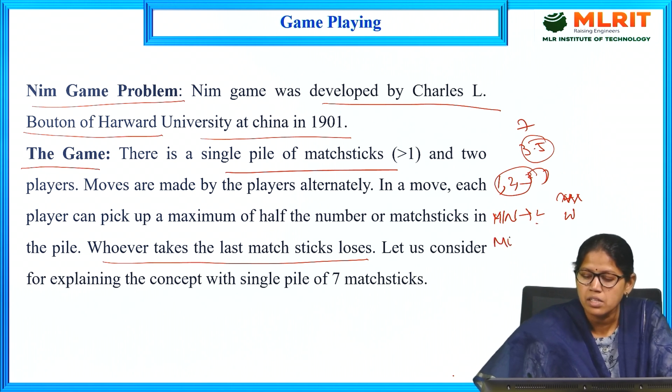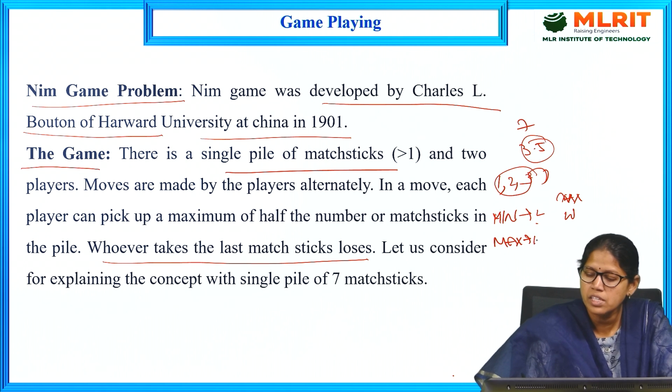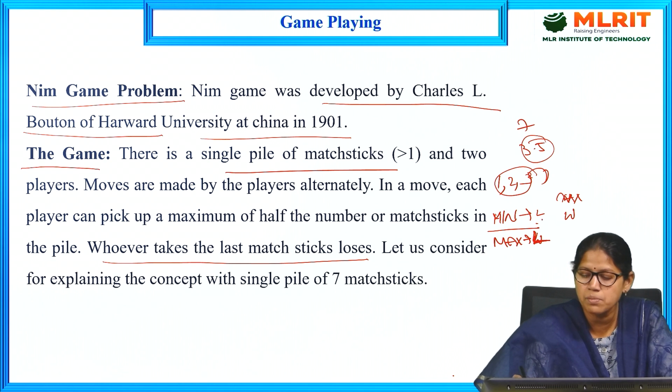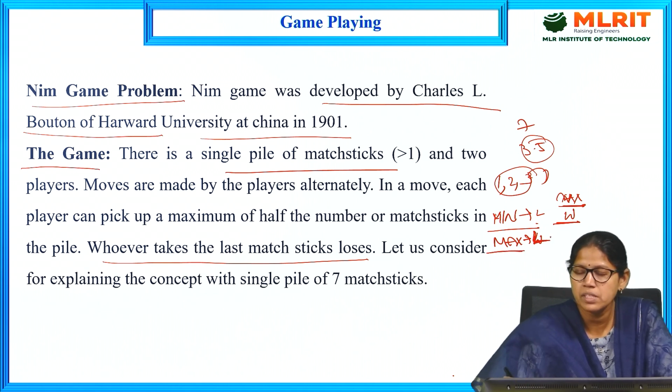When max is picking the last matchstick, according to max point, it is loss only. And when max takes the last matchstick, then he will be the loser.